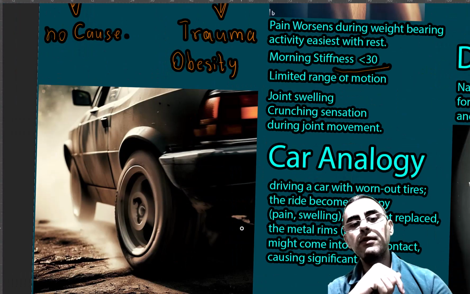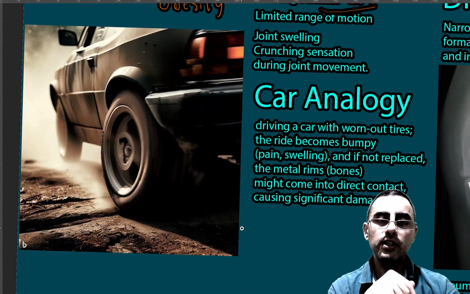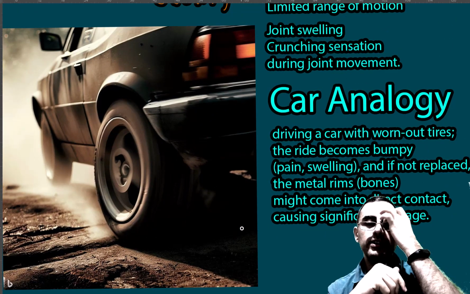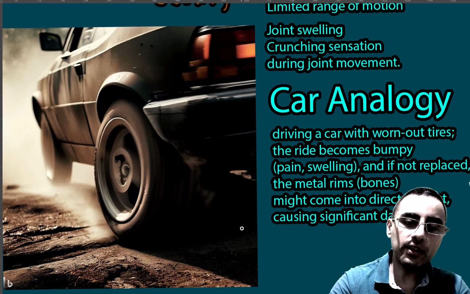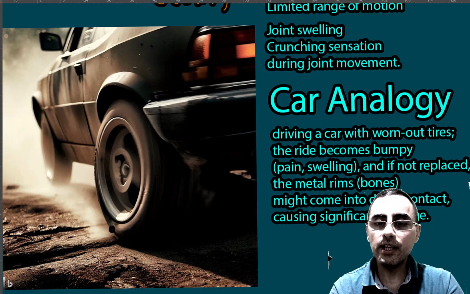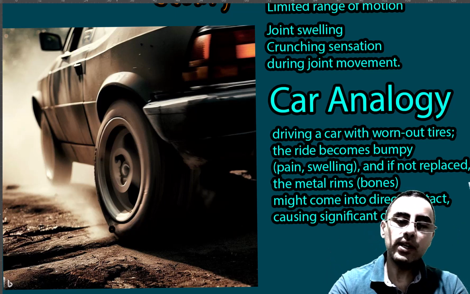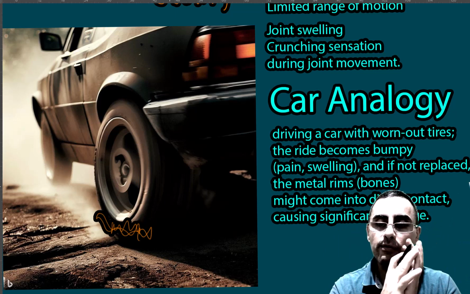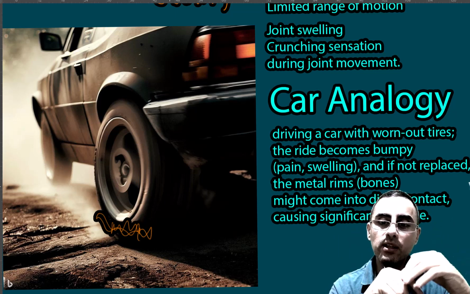And if we want analogy of osteoarthritis, it looks like car tires. When car tires are wearing and they are not replaced, sometimes when these tires will wear fully, car have to move on its metal rims.